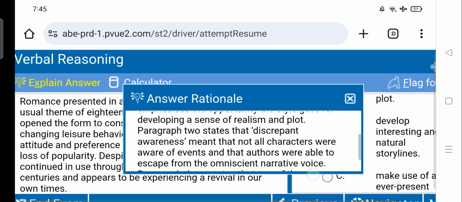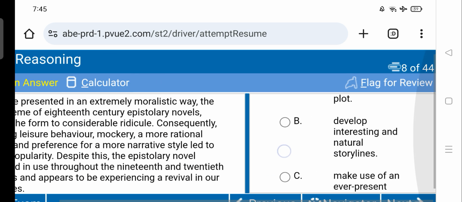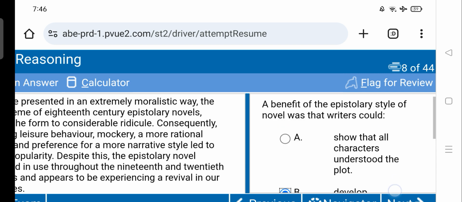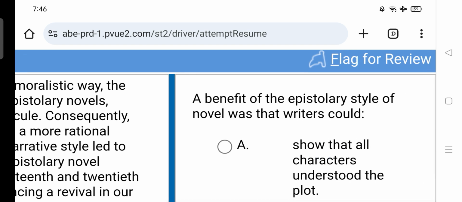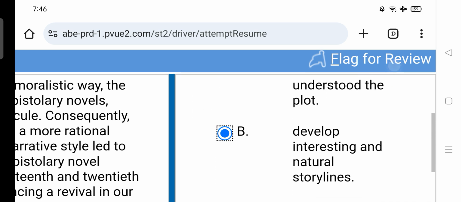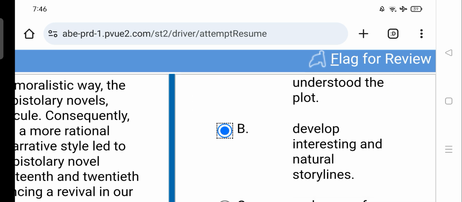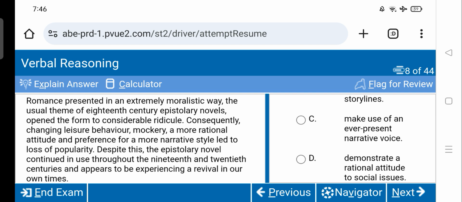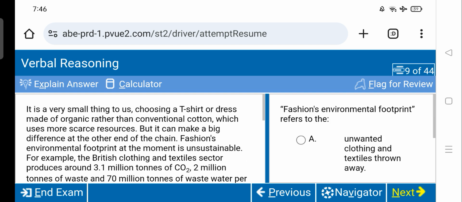So that's why the right option is option B, develop interesting and natural storylines. The statement says that a benefit of the epistolary style of novel was that writers could develop interesting and natural storylines. This is the right option.